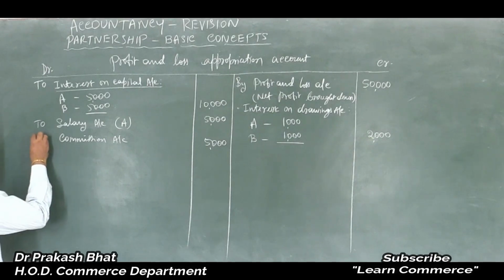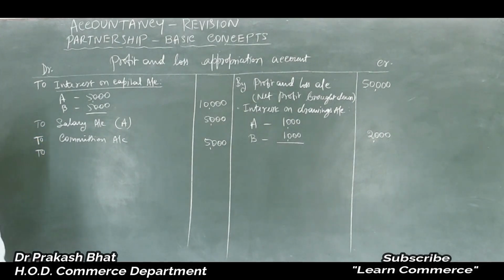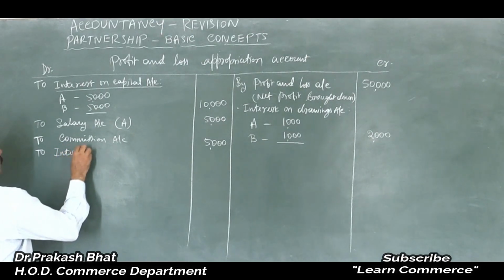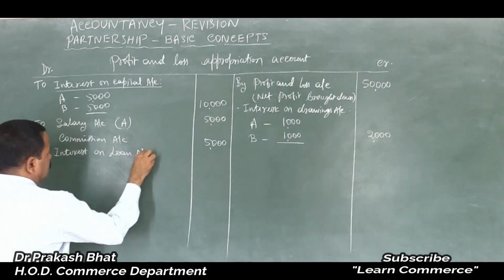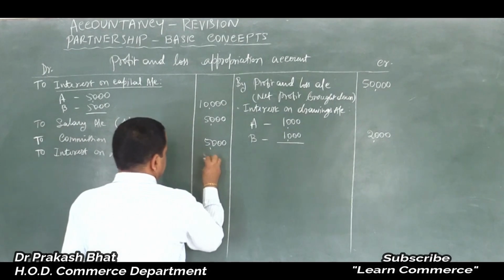Then, if anything else is there, like interest on loan, which is an expense, interest on loan account, let us assume 5,000.